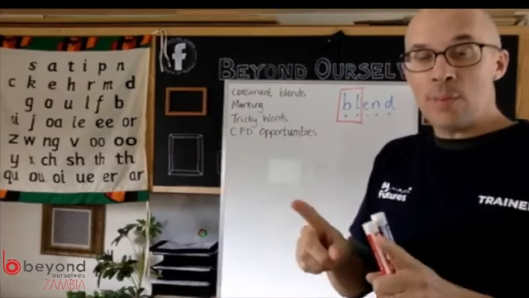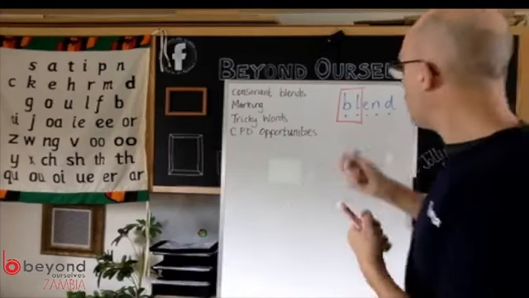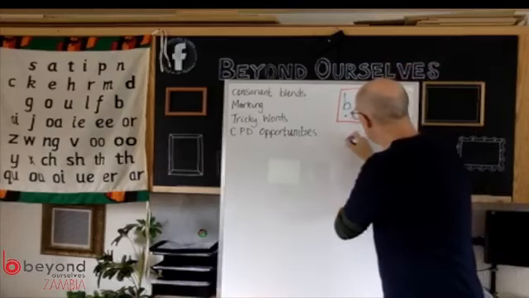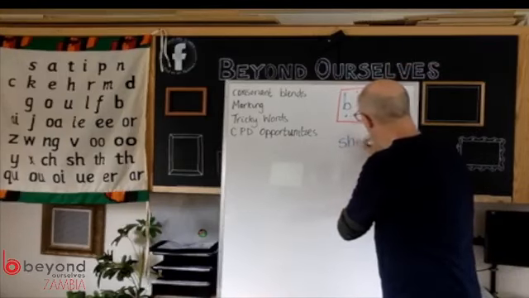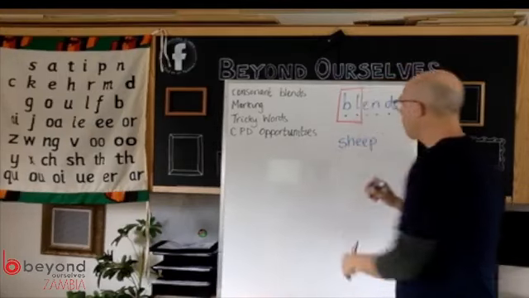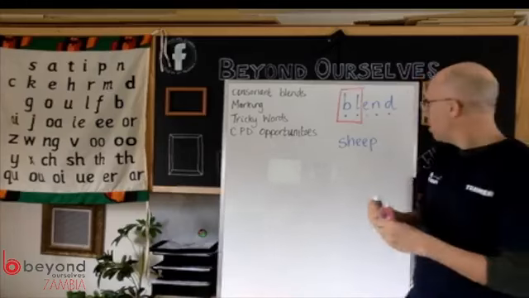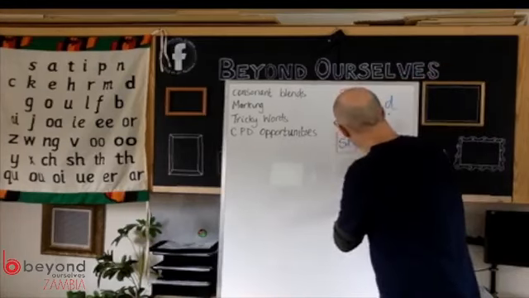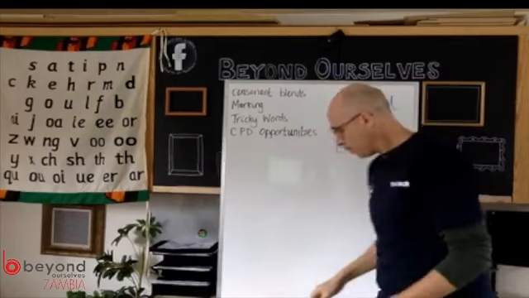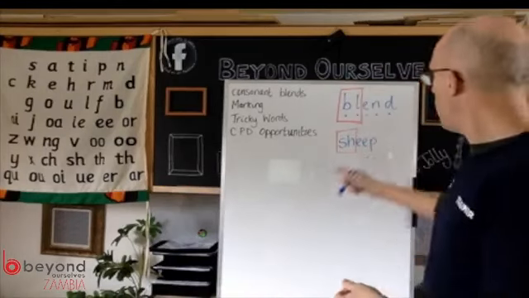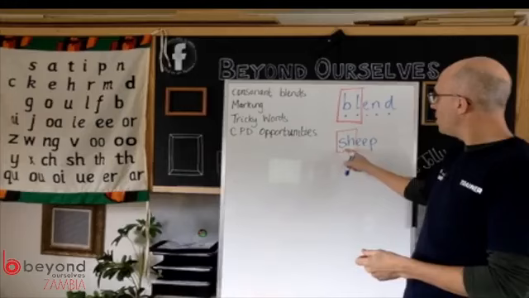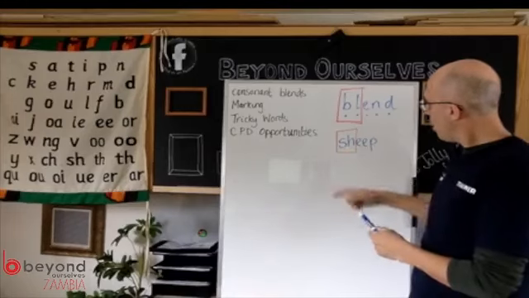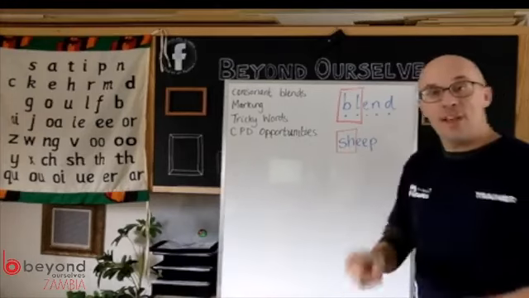Okay, and that's the really important thing, because unlike a digraph, so for instance, in the word sheep, we've got two letters together, and when these two letters are together, they make one sound.